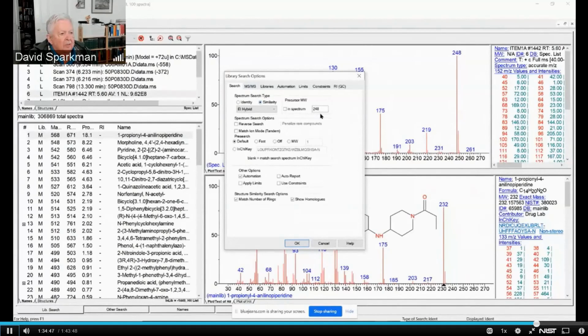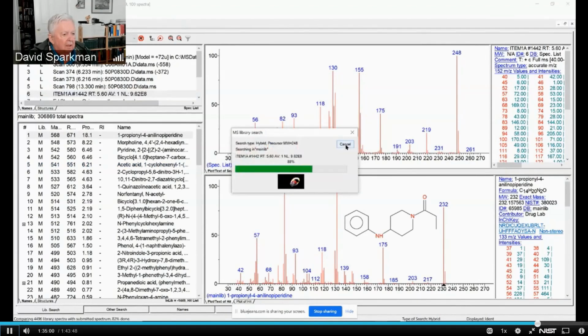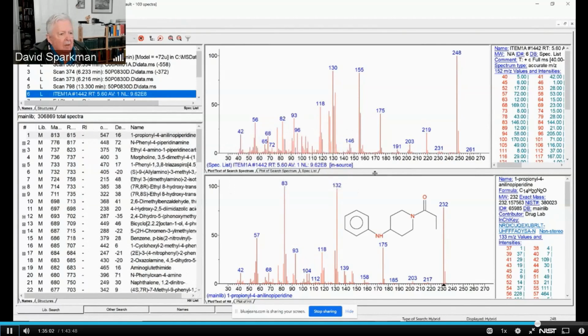and I'm going to specify 248 as the molecular ion peak. Now I'm going to end up with a hybrid spectrum, same hit, but look at the hybridized match factor.